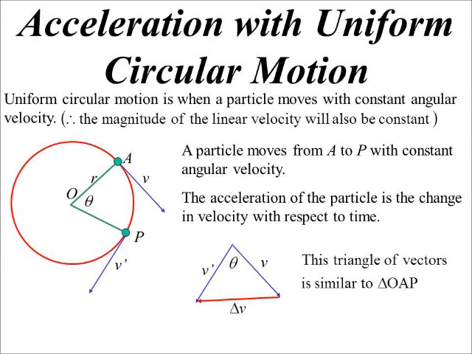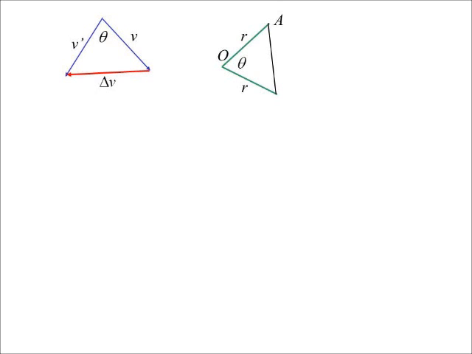It's got theta up the top. So, using similar sides in our triangles, the change in velocity over AP, because they would be matching sides, would be equal to v over r, which means the change in velocity is v times AP over r.